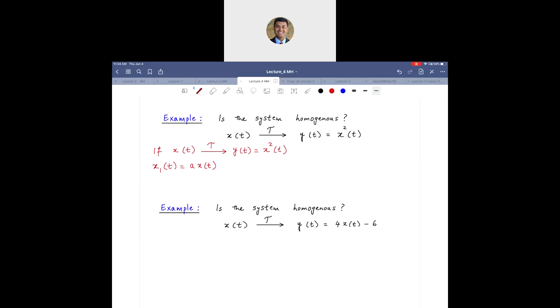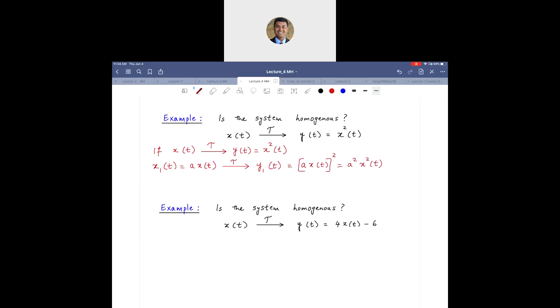What would happen if that goes through the same system? You get its corresponding output as y1. Now, how can I write y1 of t? I can write y1 of t as the input squared, which is a squared x squared of t.